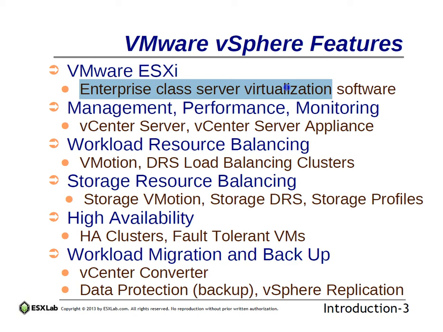Next, I want to centrally manage all my ESXi hosts. I want central management, I want performance analysis, I want monitoring, and I want access to all those high-end license features that my company paid for when they bought their vSphere licenses. The tool for that is vCenter Server. vCenter Server comes in two forms. vCenter Server can run as a service on top of Windows.